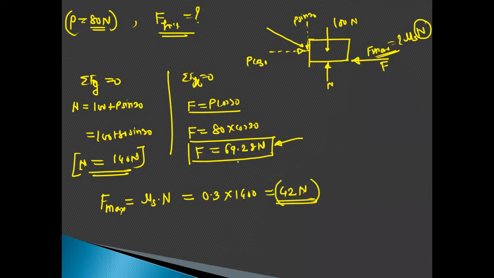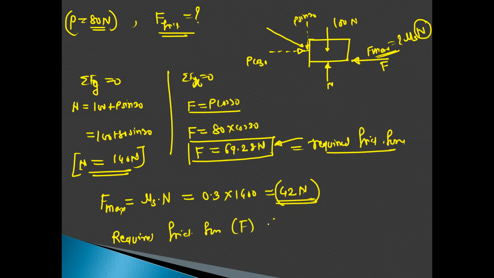But what is the required force to keep it in equilibrium? This is the required frictional force. The required frictional force F is greater than F max, the maximum or limiting frictional force.